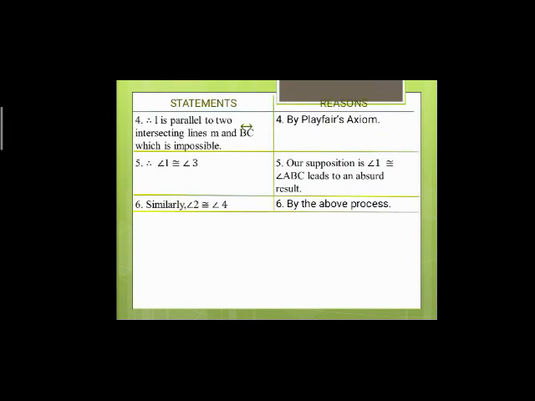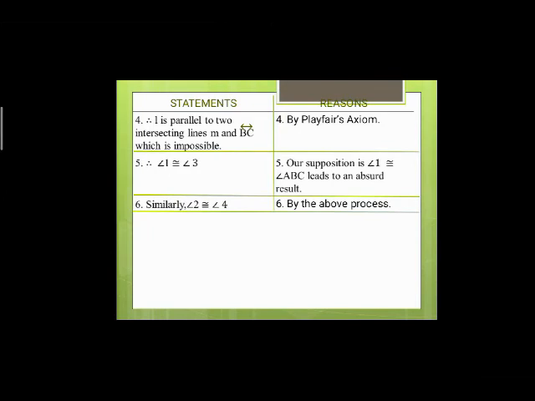Here we have a contradiction: line L is parallel to two intersecting lines M and BC, which is impossible. In the parallel axiom we discussed that two intersecting lines are not parallel to the same line at the same time.